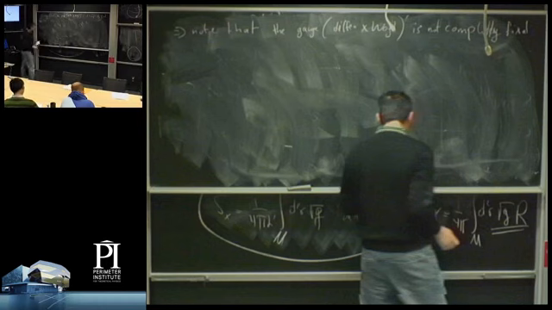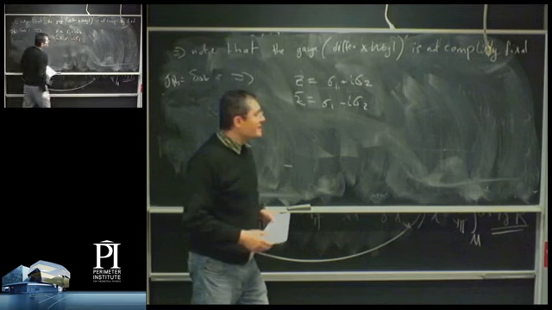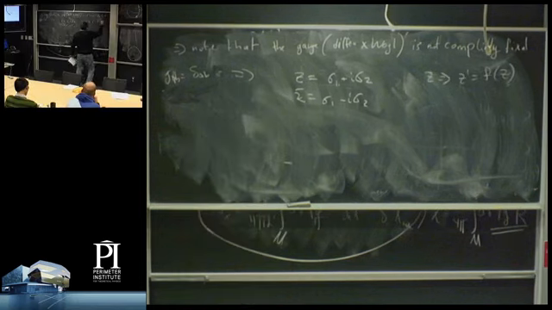And in order to see this, suppose I introduce a complex coordinate Z, which is sigma 1 plus i sigma 2, and Z bar is sigma 1 minus i sigma 2. And what I'm going to do is look at a particular type of diffeomorphism, right? So that goes into Z prime, which is a holomorphic function f of Z.